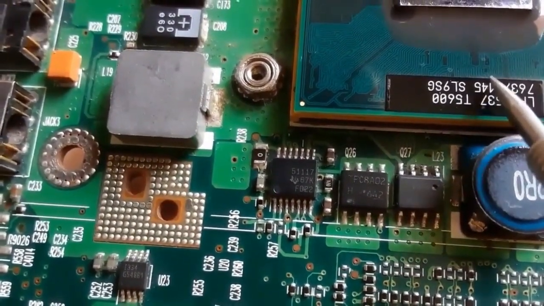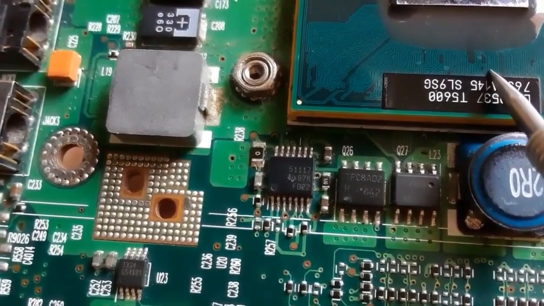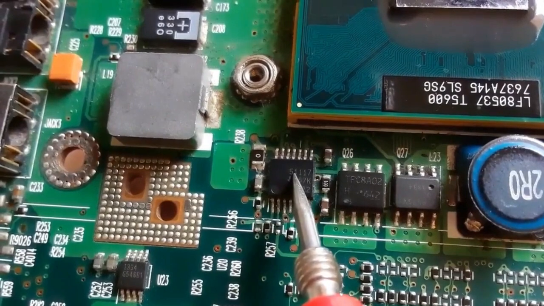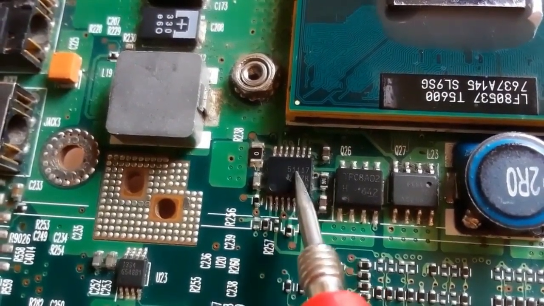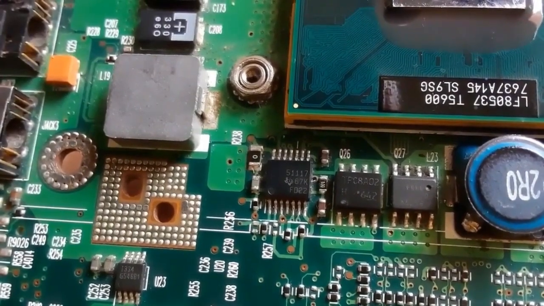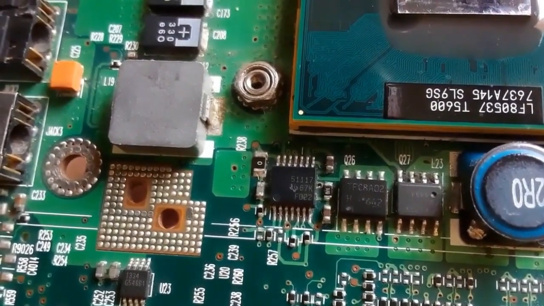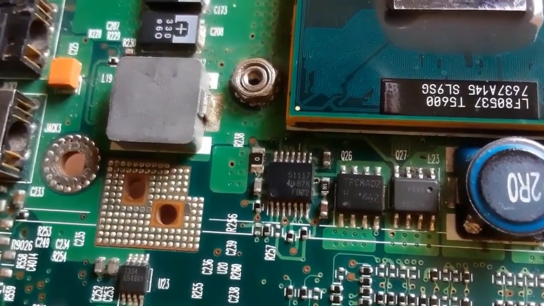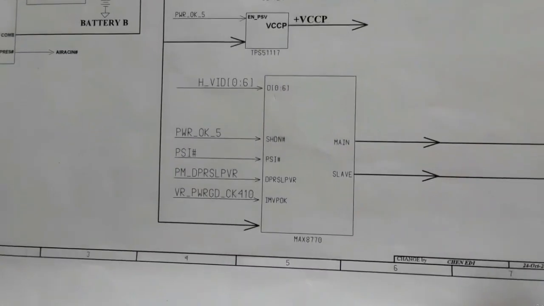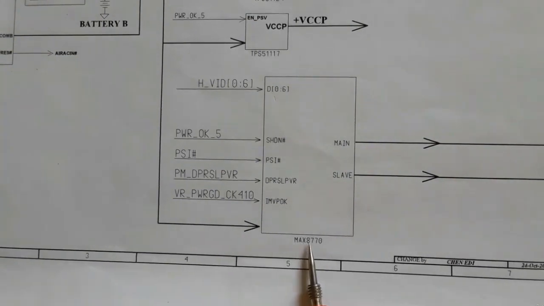As you can see, we have here the processor, and we have here the IC. We have 51117, as you can see. So this IC generates plus VCCP for the processor and for other chips like the PCH or GMCH. This is a fuse.